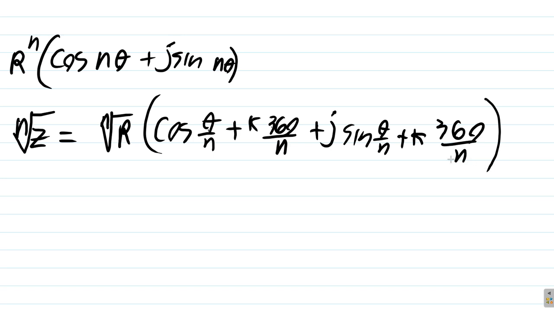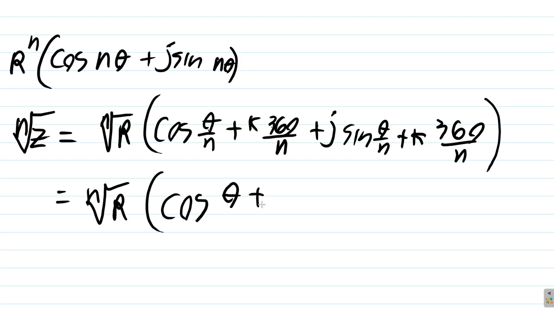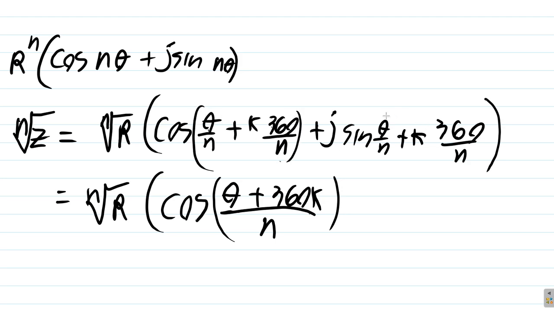If you're working in radians, the 360 would be 2 pi, right? Remember, these are in brackets.